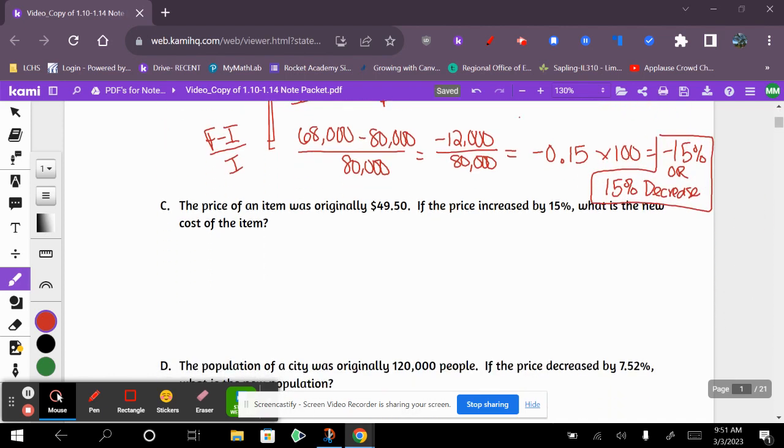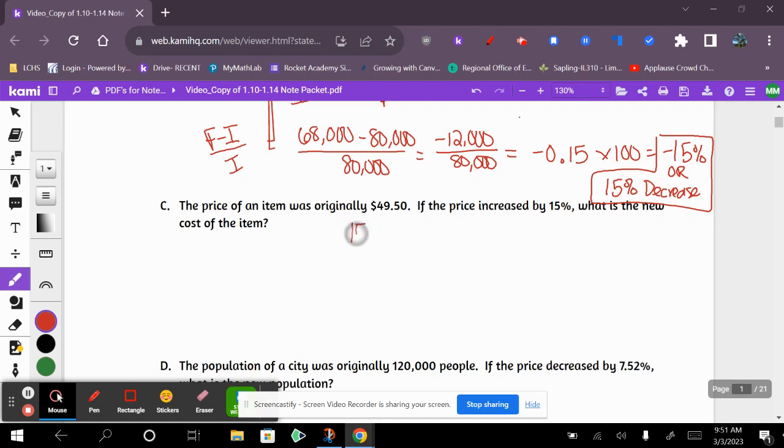For C, it says the price of an item was originally $49.50. If the price increased by 15%, what is the new cost of the item? So this is reviewing even from cycle 0. So for this one, it's not asking the percent change. It's not asking the percent increase or decrease. So this one, we want to find what the 15% is.